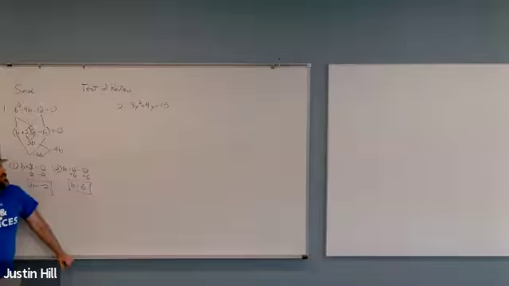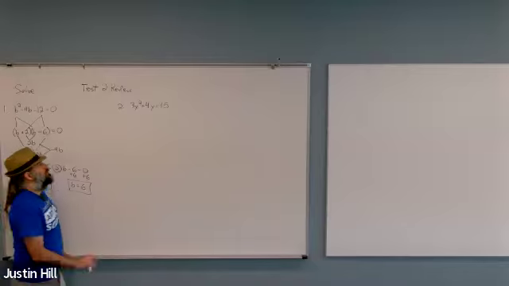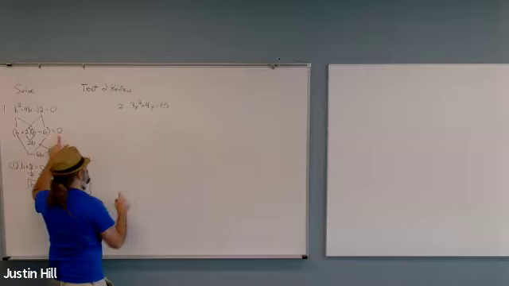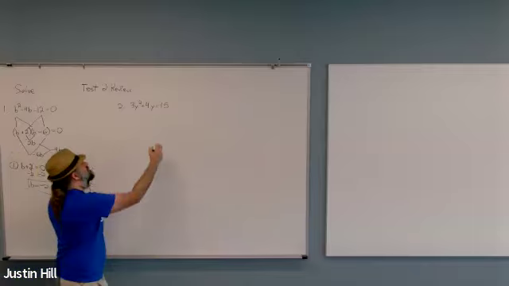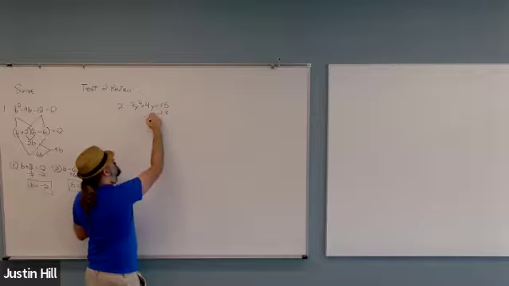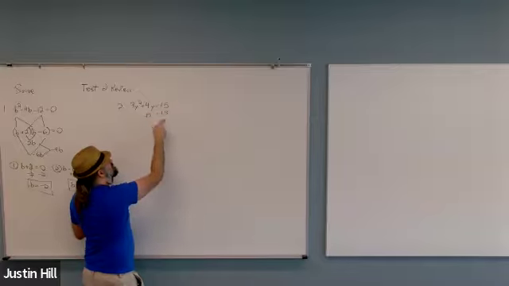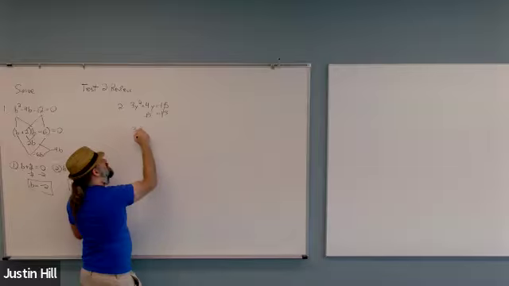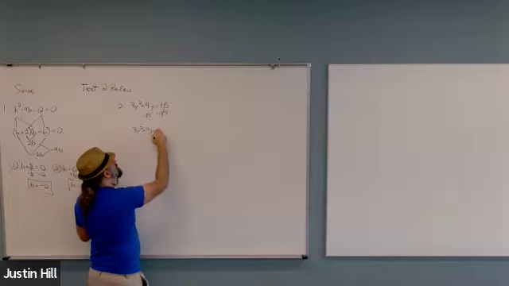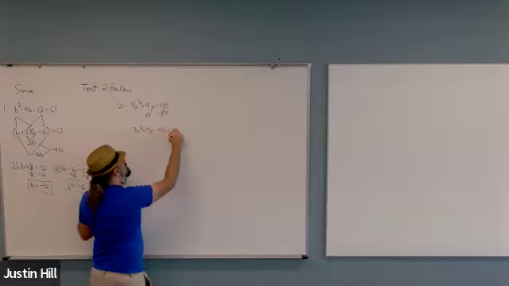What about on the second one? Where do we start then? Yeah, so the first thing is notice you don't have the 0. We need the 0 so that once we factor it, we can set it equal to 0. So the first thing is get rid of this 15. That just means you're moving it to the other side. So that we're gonna have 3y squared plus 4y minus 15 equals 0.